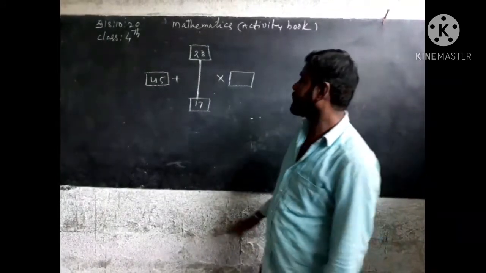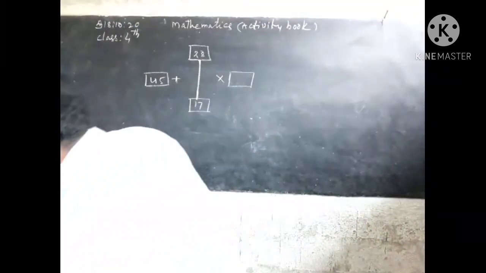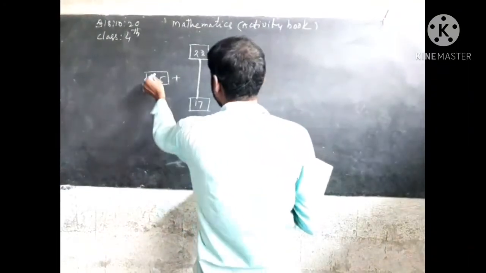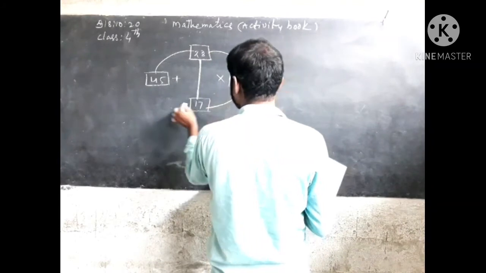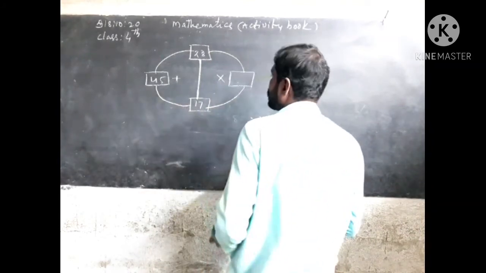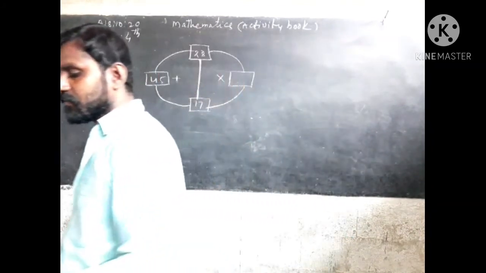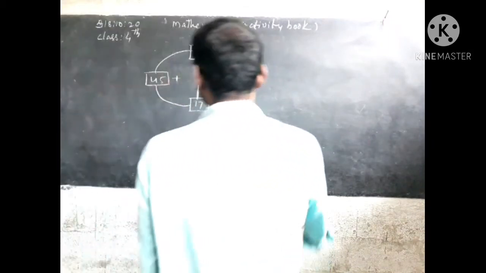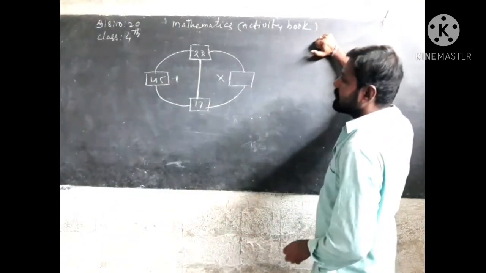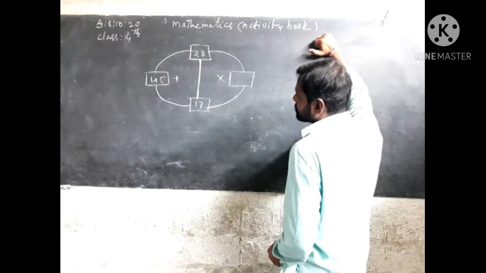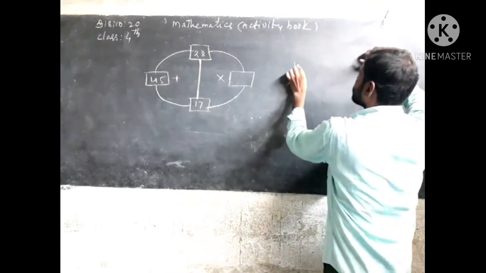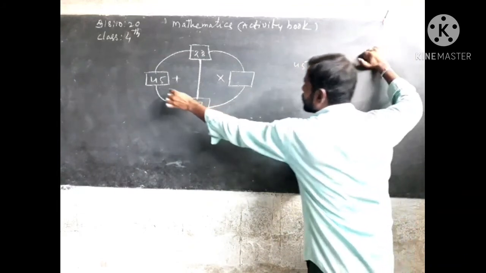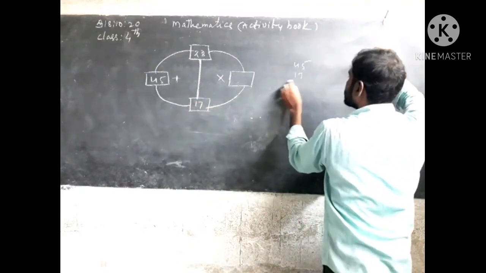See here, look at the blackboard everybody. So we can find the connection from one number to another number. See here, 45 plus 17, listen carefully.